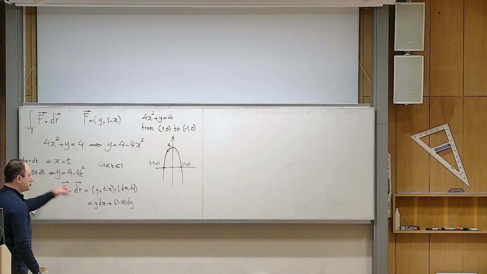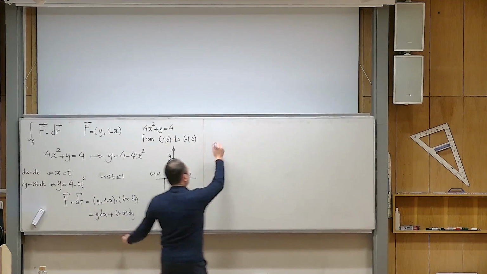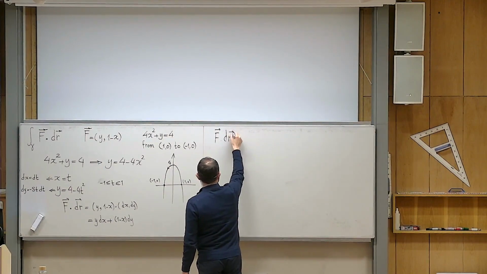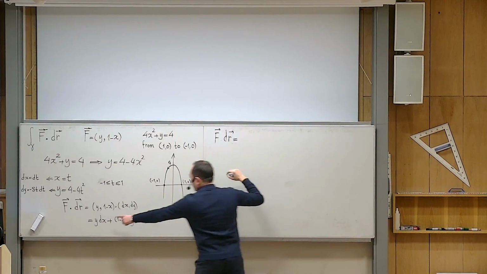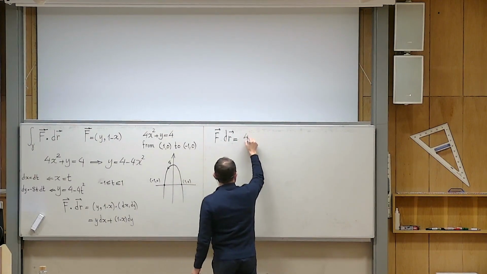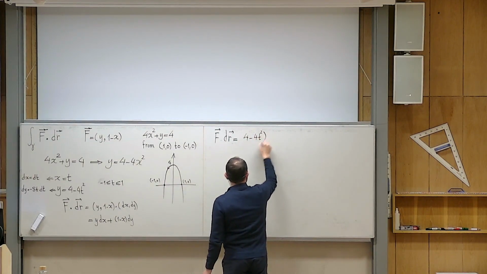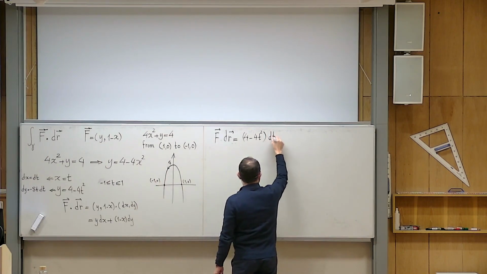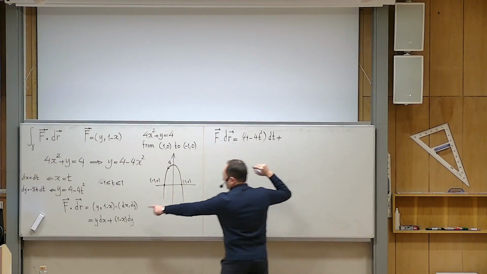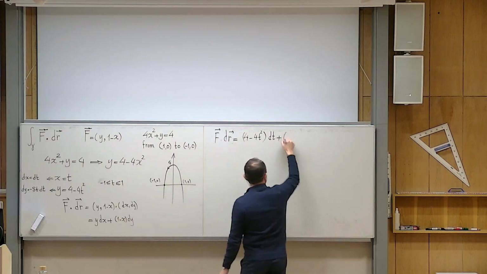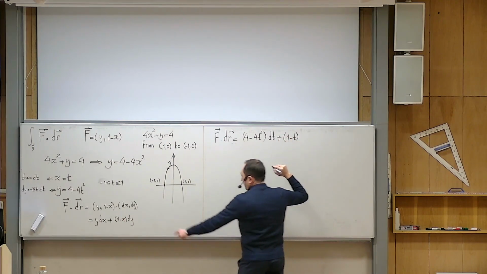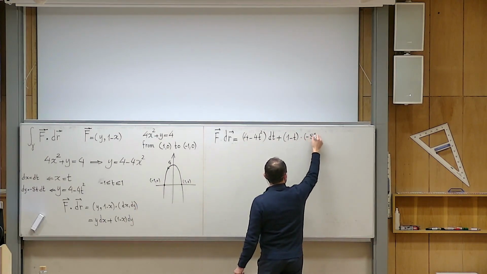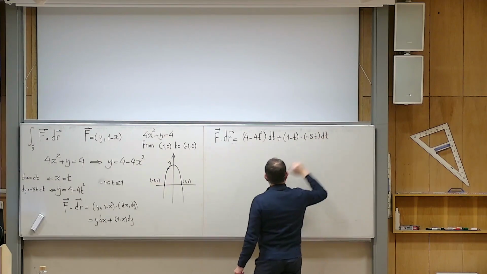So I plug these results in, and finally I get f dot dr equal to, instead of y, 4 minus 4t squared times dx, but dx and dt are the same, and then 1 minus x, which is 1 minus t, multiplied by dy, but dy is minus 8t dt.